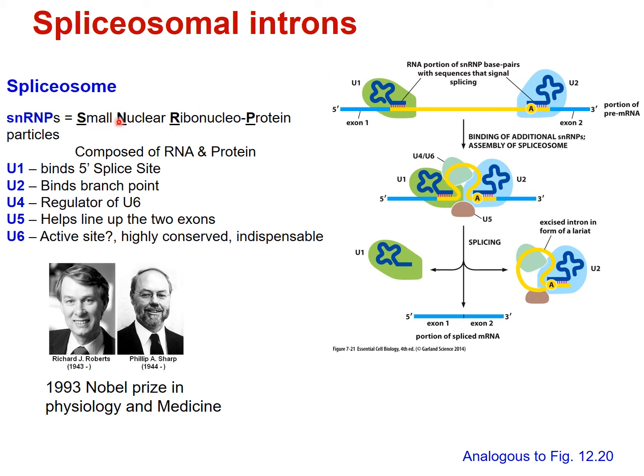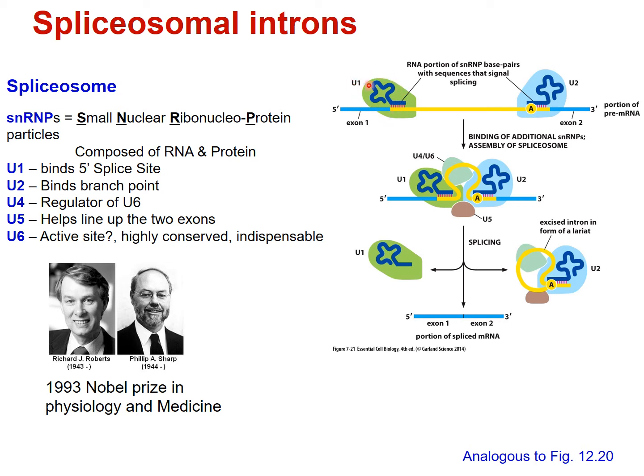That stands for small nuclear ribonucleoprotein particle. These contain protein, which is shown as this green, somewhat oval shape here, and the RNA is this little cloverleaf structure here. And the RNA can form hydrogen bonds and recognize bases in different places along the mRNA.